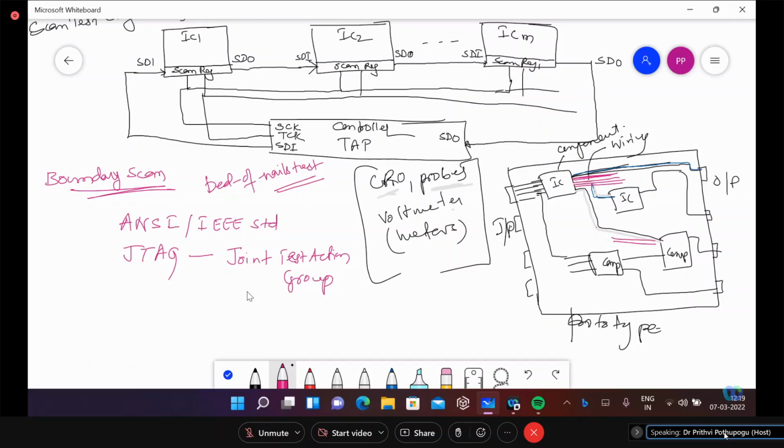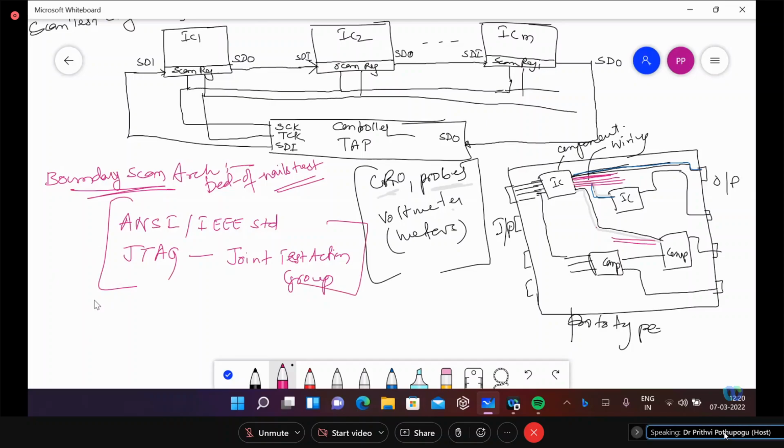The standard test access port and the boundary scan architecture, what I said now, is conformed to by all IC manufacturers, and these manufacturers will be issuing ICs according to the standard defined by the JTAG group.